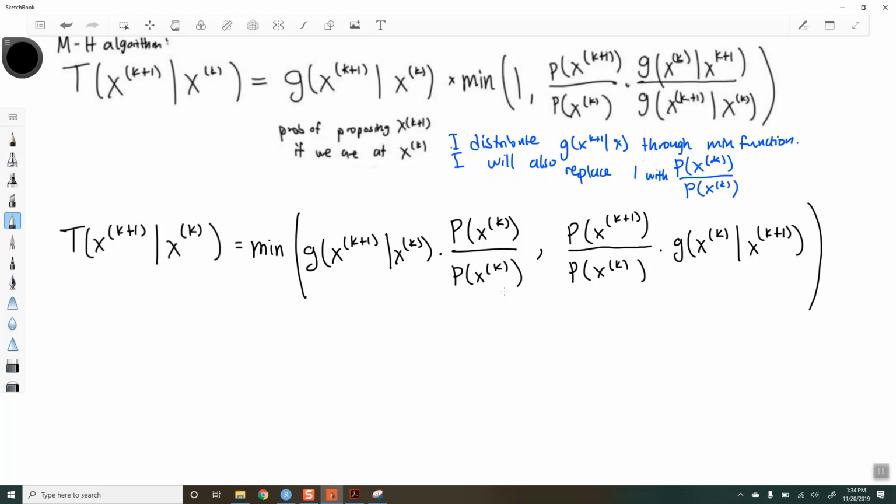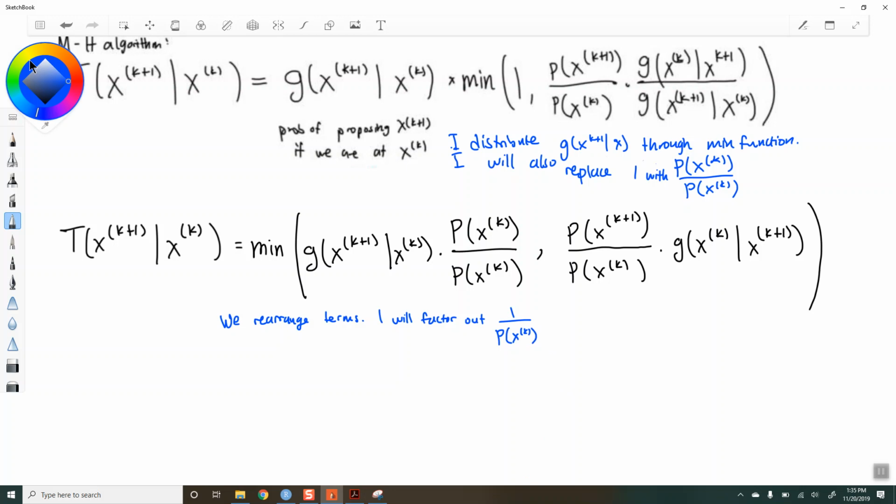All right, so I'm going to rearrange a few things. The next step is we rearrange terms, and then I will factor out 1 over p of xk.